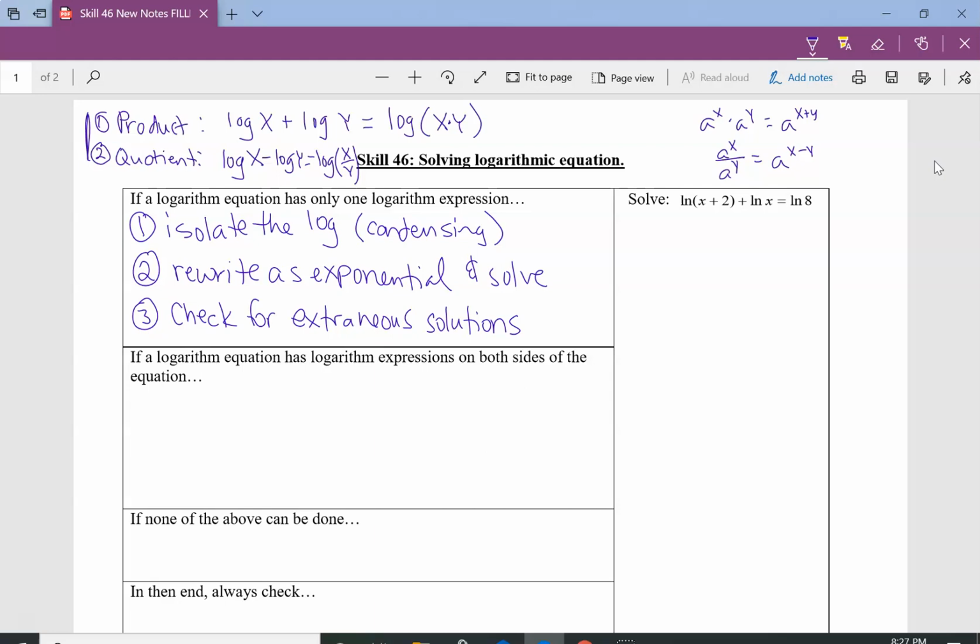All right, so in my example, I don't only have one logarithm expression. I have a logarithm on both sides, so I'm not going to follow these steps, or at least not all of them. But if an equation has logs on both sides, first thing you do is you still condense anything that you can.